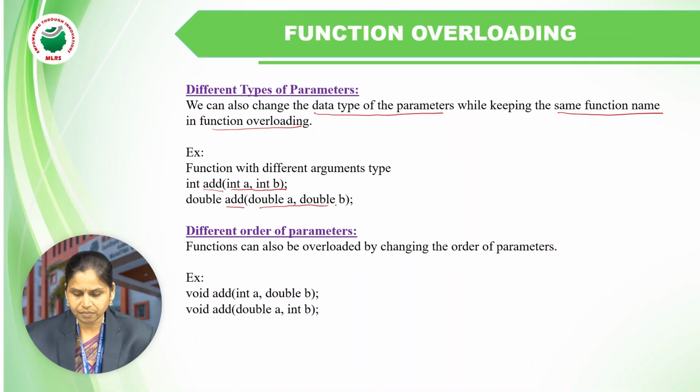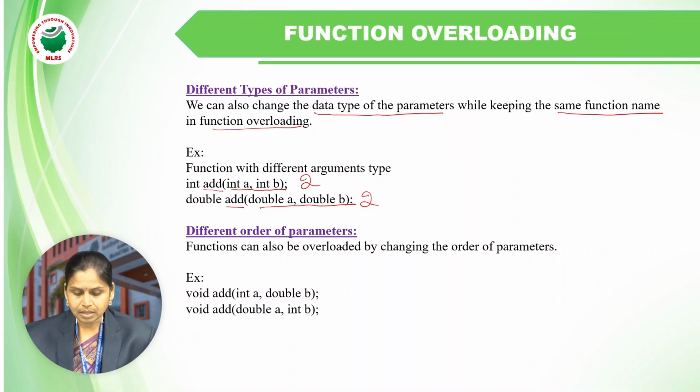In the first example, the number of parameters is 2. In the second example, the number of parameters is 2. But when we observe these two examples, the first function contains 2 integer parameters and the second function contains 2 double data type parameters. Here the number of parameters is the same, but the data type of the parameters is different.